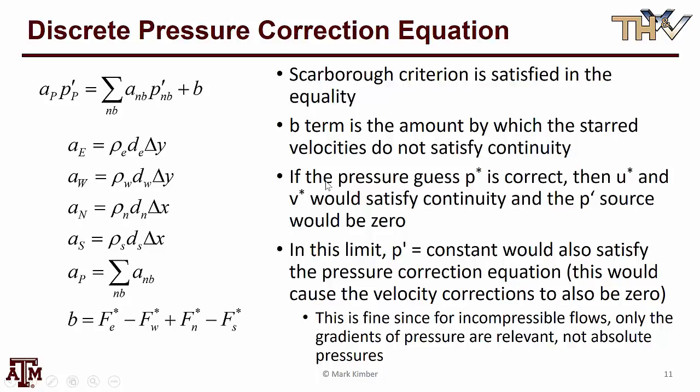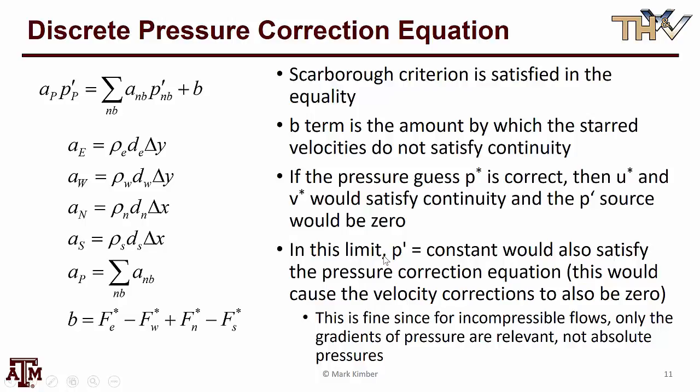Another way to say that is that if the pressure guess happens to be correct, then U star and V star would satisfy both the continuity and the momentum, and the B term here would go to 0.